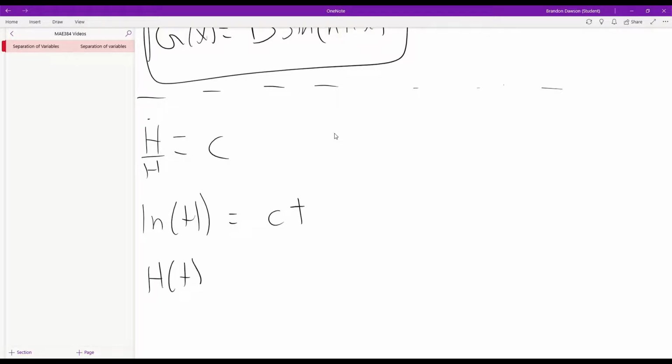which becomes h of t is equal to h naught times e to the negative ct, which becomes some constant h naught times e to the negative n pi squared t.